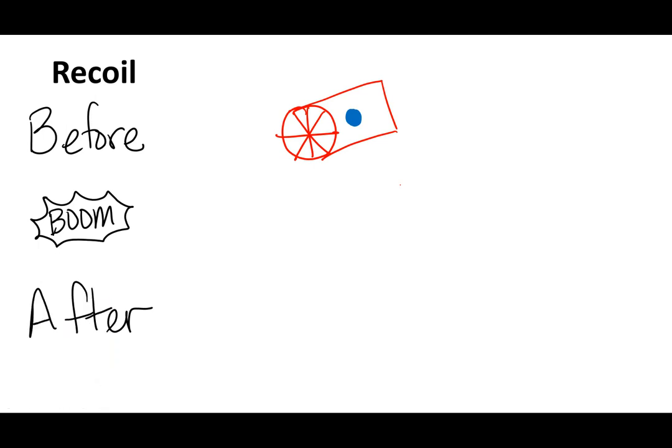All right. Well, that means our momentum here is 0. The momentum of the cannon is 0. The momentum of the cannonball is 0. They're together. They're 0. Then the boom happens. This is where a force is applied. So the gunpowder then explodes, and when it does, it provides a force on the cannon and a force on the cannonball.